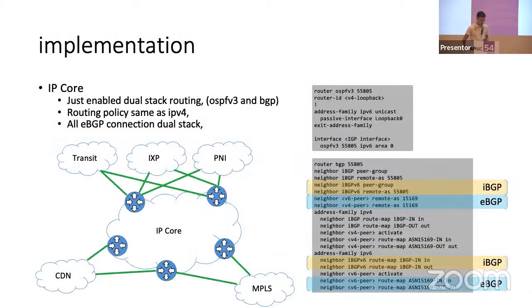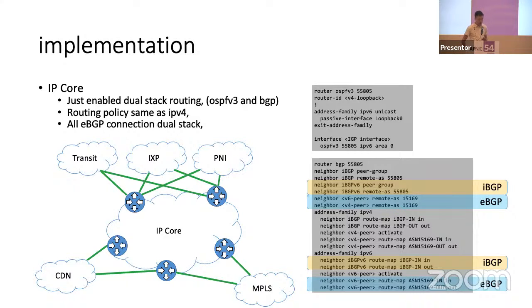Then here's the implementation. We implemented the IP core and just enabled OSPF version 3 and MP-BGP.